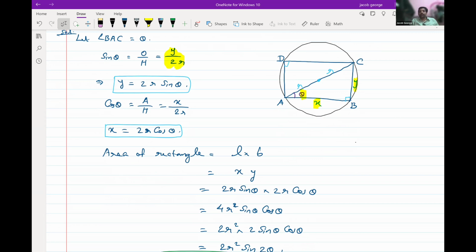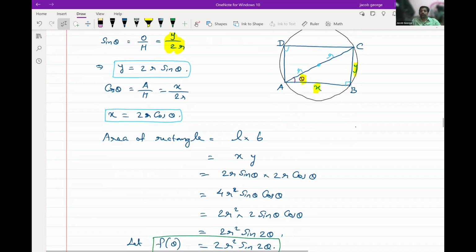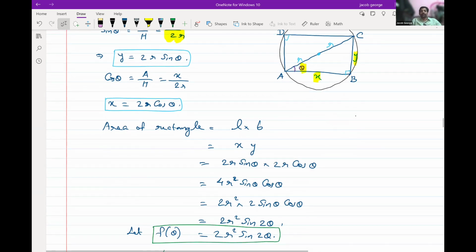And we know 2 sin theta cos theta is sin 2 theta. So we got this as f of theta. F of theta is equal to 2R square sin 2 theta. So this is area of rectangle. Is it clear?